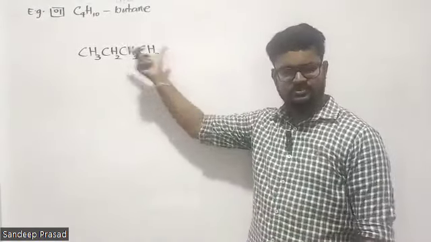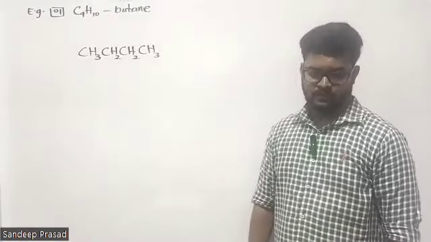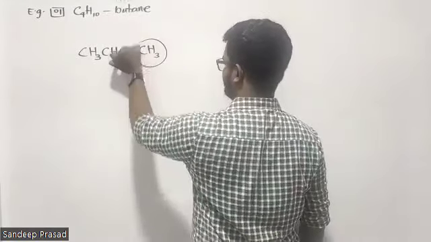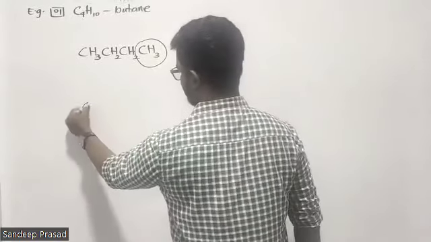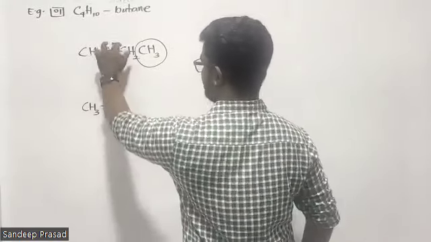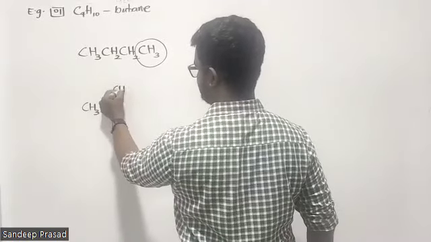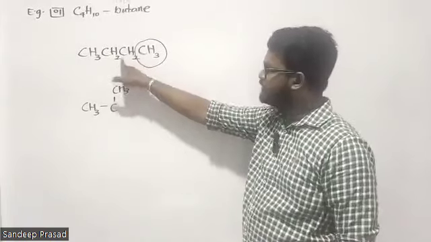Can't you think about this structure? There are 4 carbon atoms. You break one CH3 and exchange that one with one of the hydrogens. You take one hydrogen from this. There are 2 hydrogens, right?